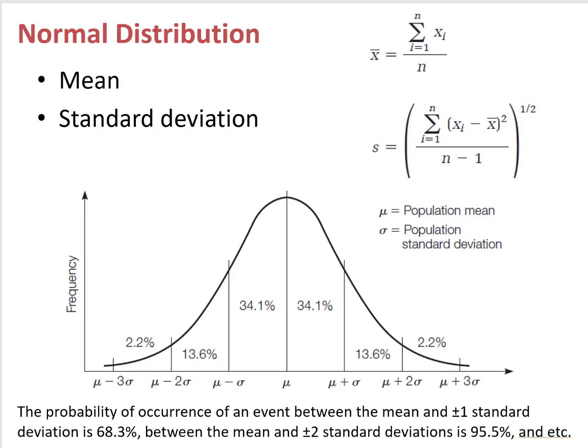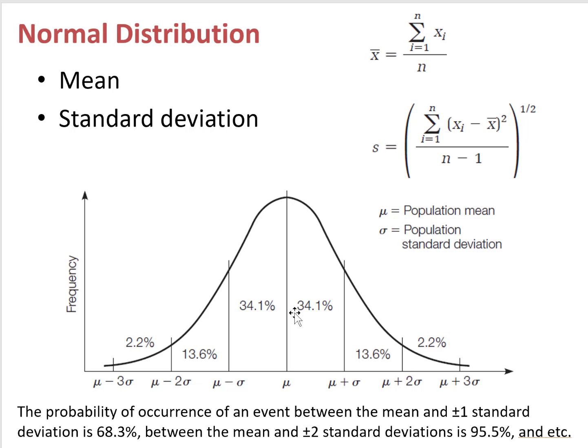Assuming that the concrete strength will follow a normal distribution, we will have this curve as shown in this picture. And here we use mu to denote the mean and use sigma to denote standard deviation. So they are calculated based on these 2 formulas. And the area under this curve between any 2 values represents the probability of occurrence of an event.